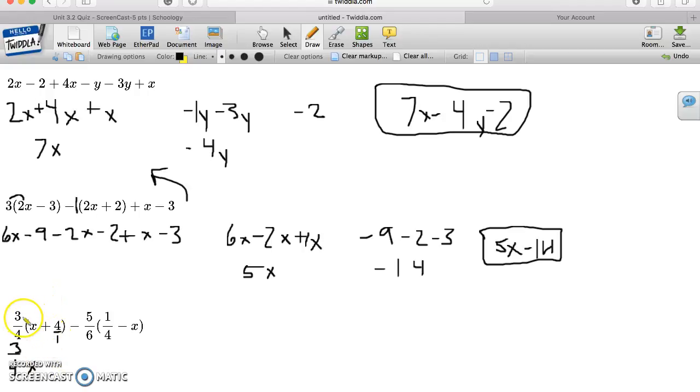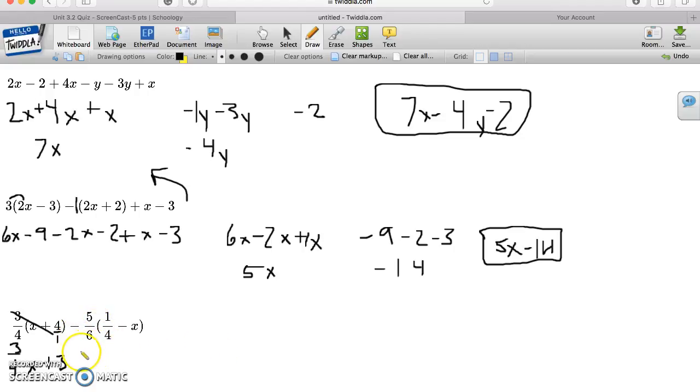And that's going to give us 12 over 4, but I just like to simplify that. So we can just put plus 3 because 12 divided by 4 is 3. And then that takes this away. And now we have negative 5/6 times a fourth.